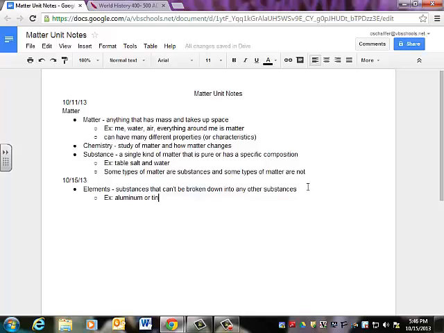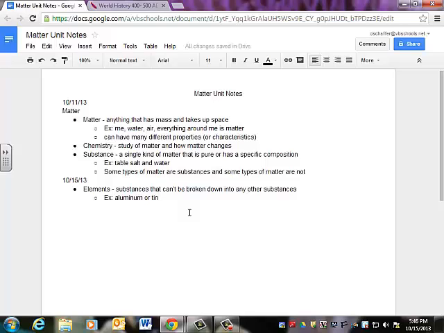Now in class, we are going to explore many different examples of elements. These are just 2 of many different ones. So aluminum, no matter what we do to aluminum, we can't break it down to make it into any other substances. No matter how far we take aluminum down to its basic piece, it's always going to be aluminum.